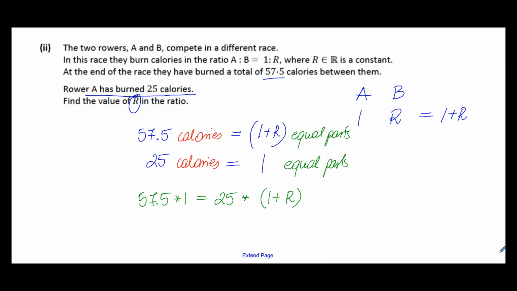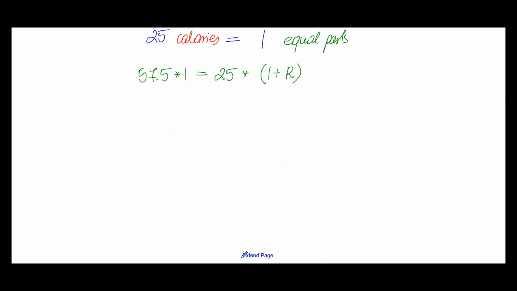And yes, you are thinking, should I multiply out the bracket? You can multiply the bracket, or you can say, well, I am looking for the value in the bracket, therefore that 25 should go from here. It's a multiplication. How do we eliminate multiplication? By dividing both sides of the equation. So on this side of the equation, we have 57.5 divided by 25, and on the other side, we have 1 plus R. Now, we want R, not 1 plus R. What do we do with this 1?